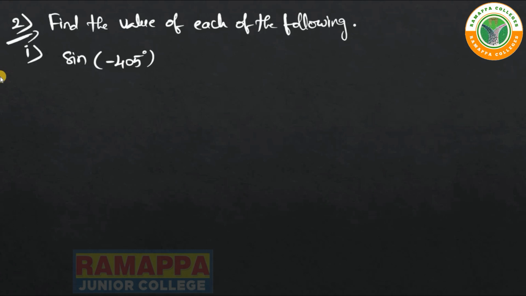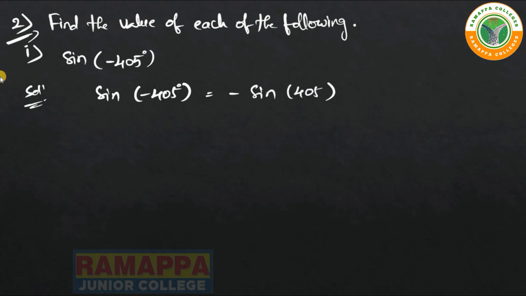Here the second part is given: find the value of each of the following. He is asking us to find the values. Solution here: he has given sin of minus 405 degrees, which is equal to minus sin of 405.